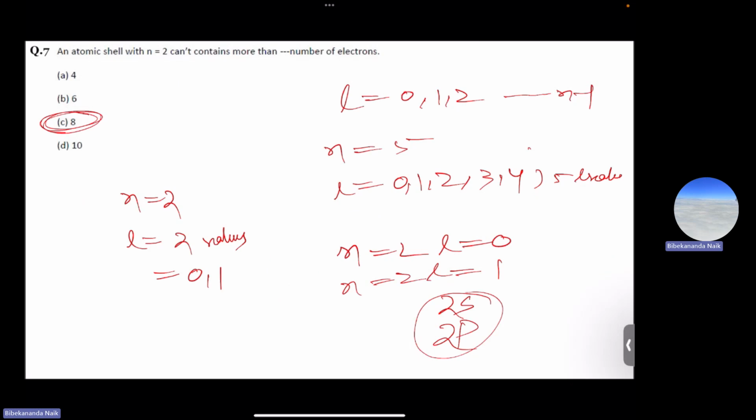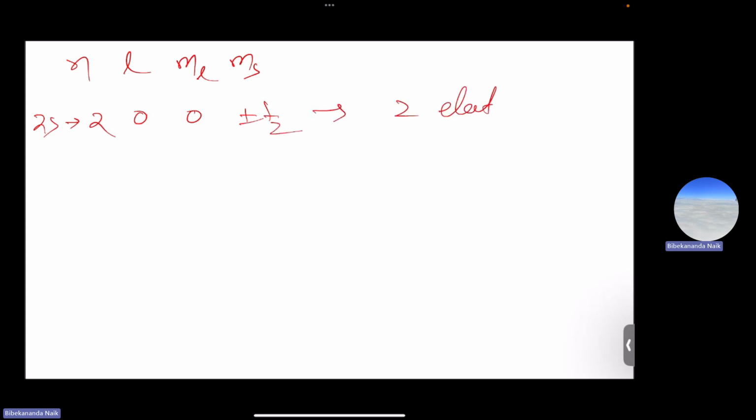Now let's consider the quantum numbers of the electrons. The quantum numbers of those electrons will be n, l, ml, ms. For 2s there are 2 electrons: n is 2, l is 0, ml is 0, ms is plus minus half. It has 2 electrons.